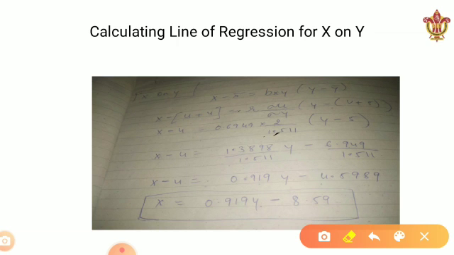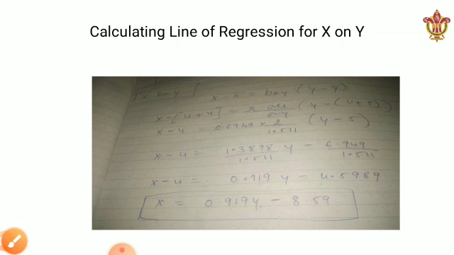You just need to substitute them in this step. This is the last step, in fact, to calculate the line of regression by just substituting the values. When you substitute these values, you will find that it comes out to be x equal to 0.919 y minus 8.59. So this is the formula for the line of regression for x on y.